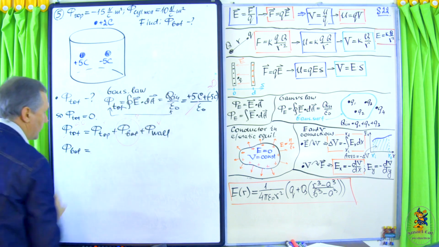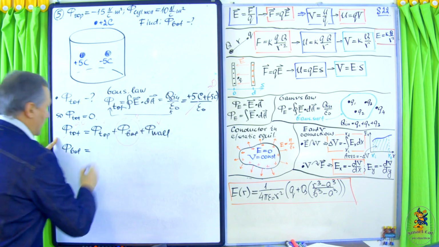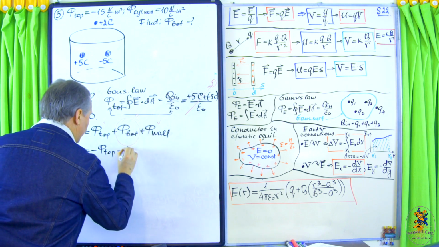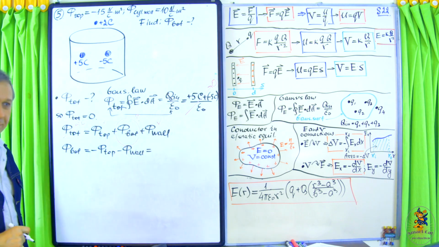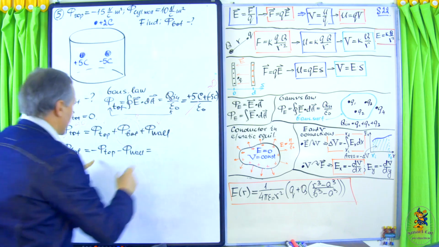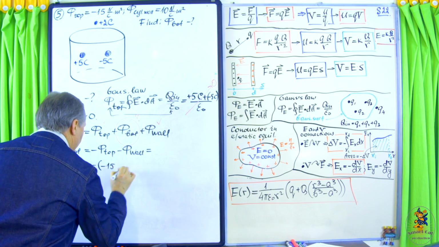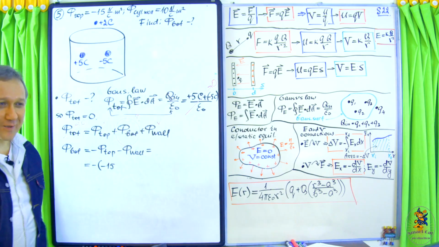Phi bottom equals minus flux through the top minus flux through the wall, because I moved those terms to the other side. So it will be minus, and the flux through the top is minus 15, so plus 15. Then minus the flux through the cylindrical wall, 10. I'm not writing the units, too much to write.